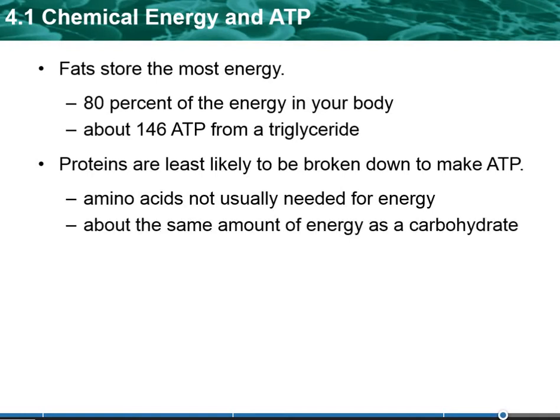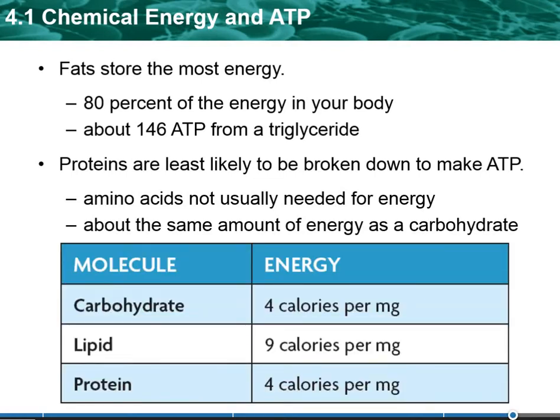About the same amount of energy is received from a carbohydrate. Lipids are going to be a good source of energy because that's where you've stored excess energy from your carbohydrates. If you take in too many, it stores it as fat.